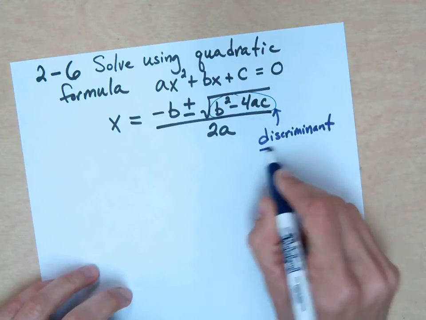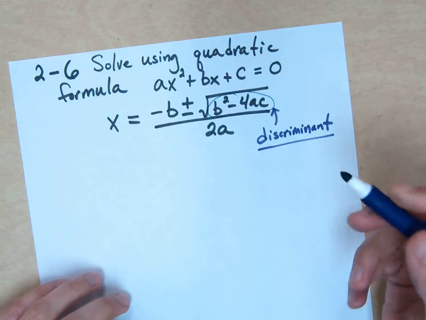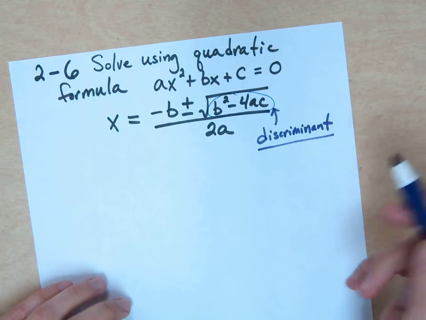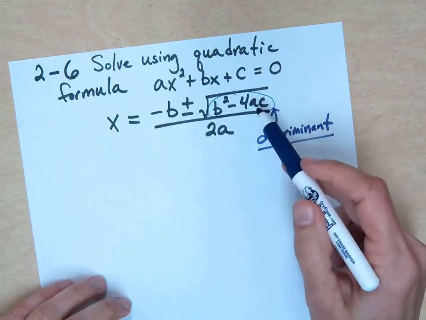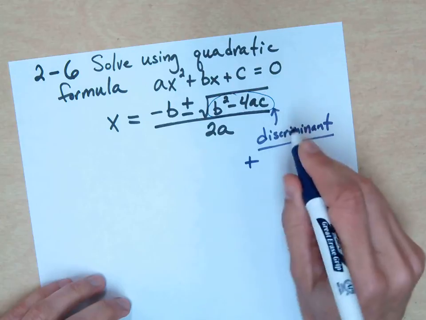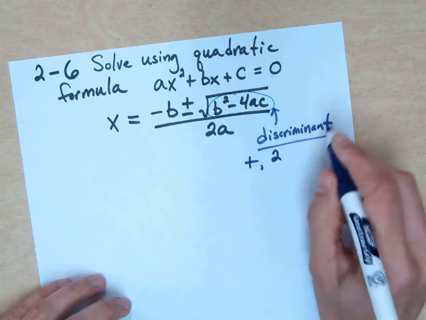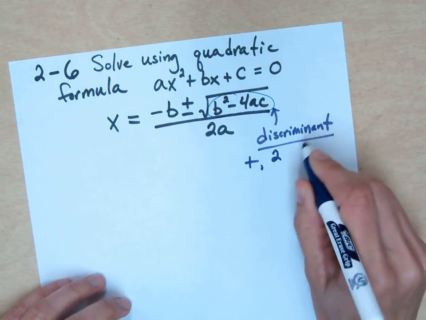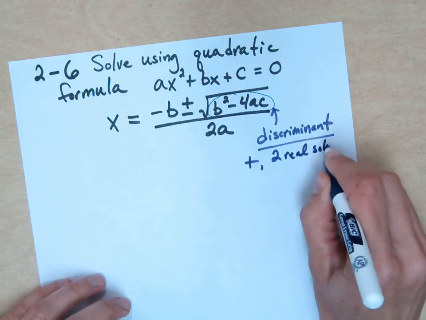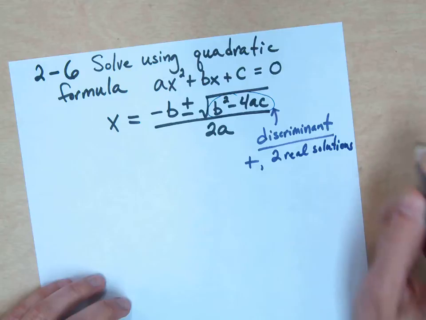And sometimes a question will just say, evaluate that to tell me how many answers you have, because we're used to getting 2 solutions usually if this is just a positive number. So if under the radical it's positive, you'll get 2 real solutions, and we'll do an example like that in a second.